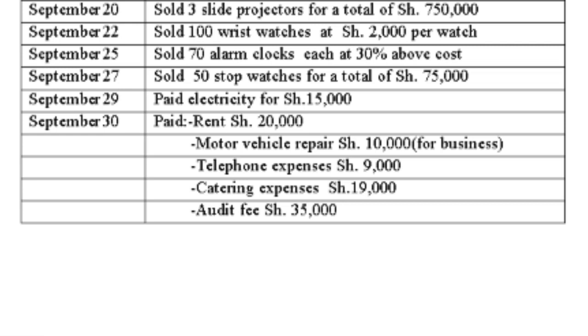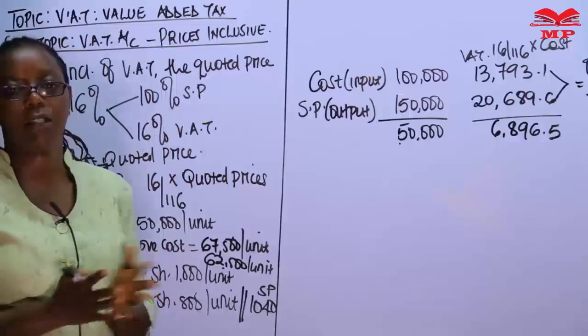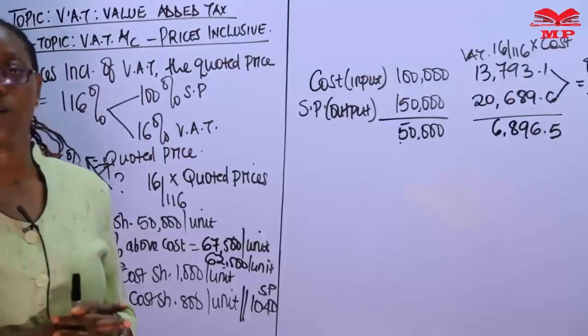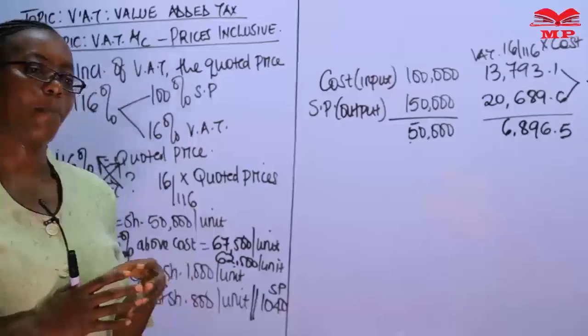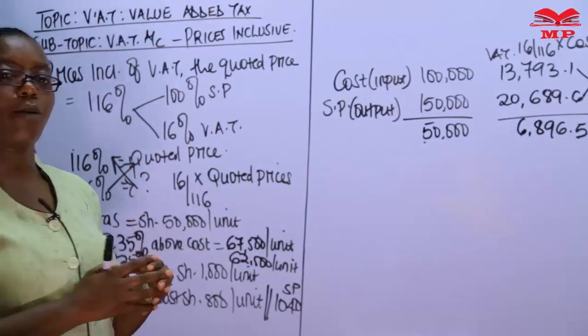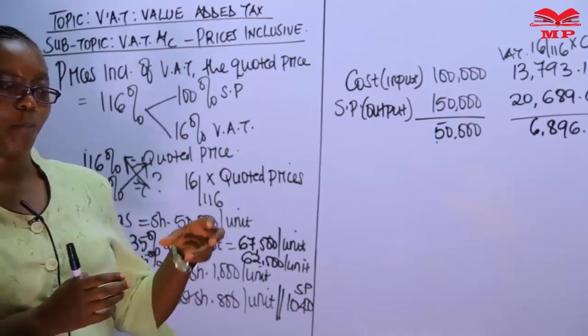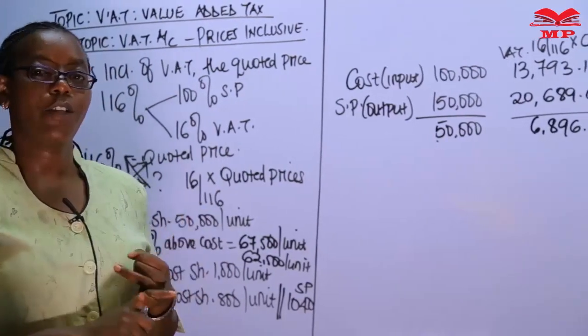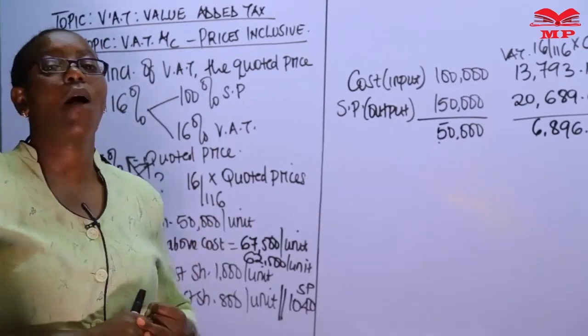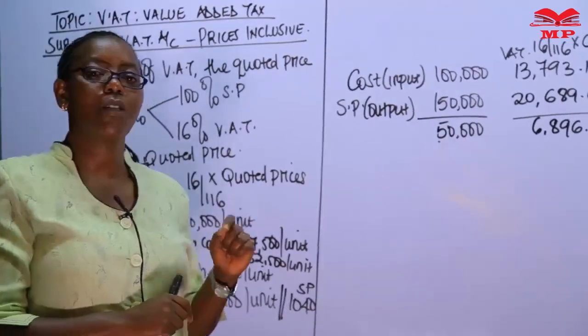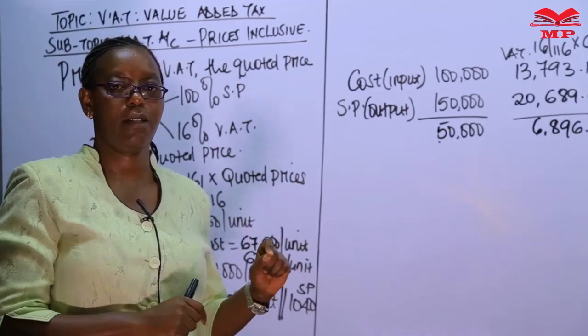September 30th, they paid rent of 20,000. Now, Meta Limited is a company and they are in business. Whenever we have 2 types of rent, like we covered in the taxation of incomes from property, a landlord can choose to develop a property to be either commercial or residential. Now, residential rent is not subjected to VAT.